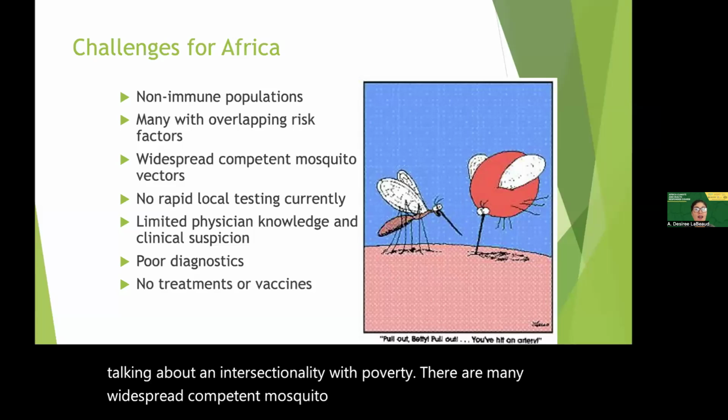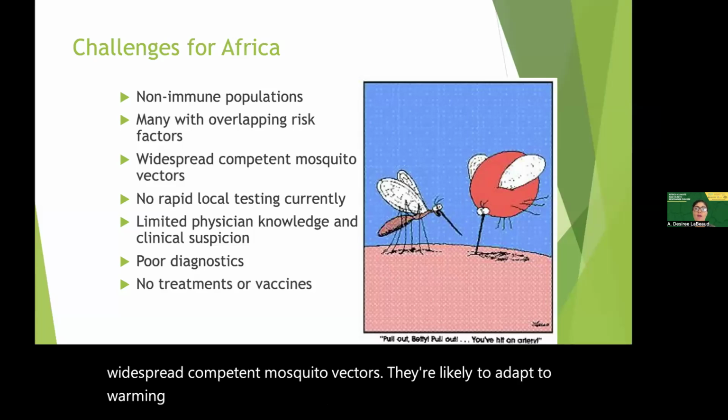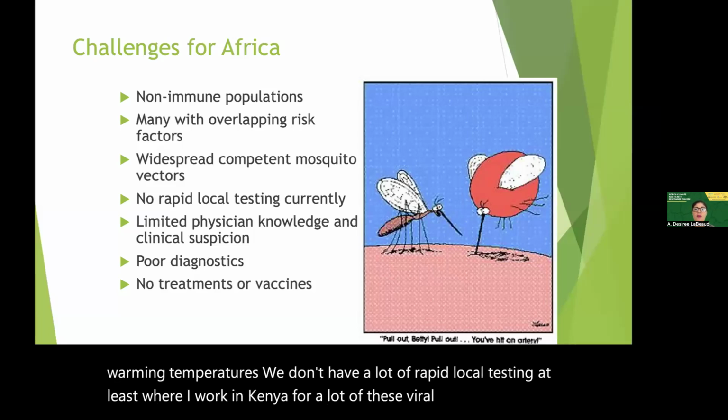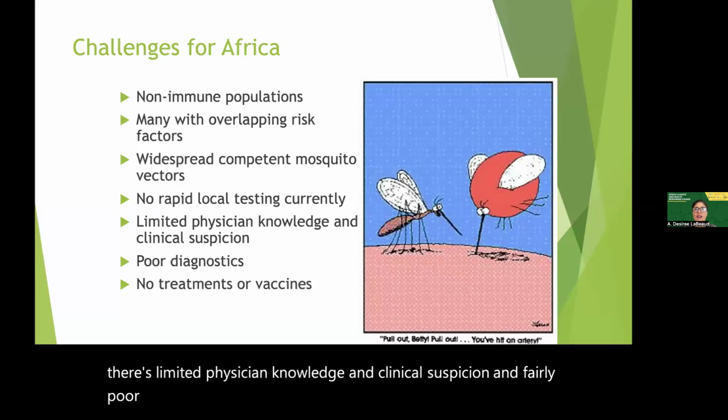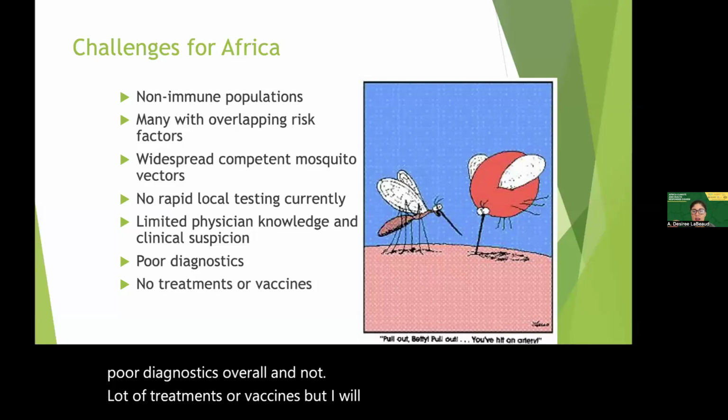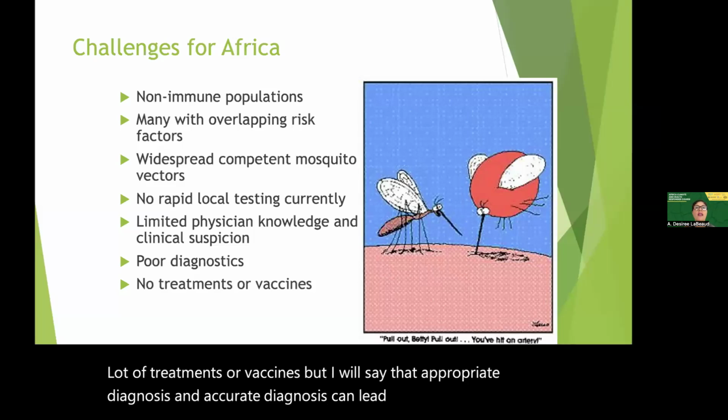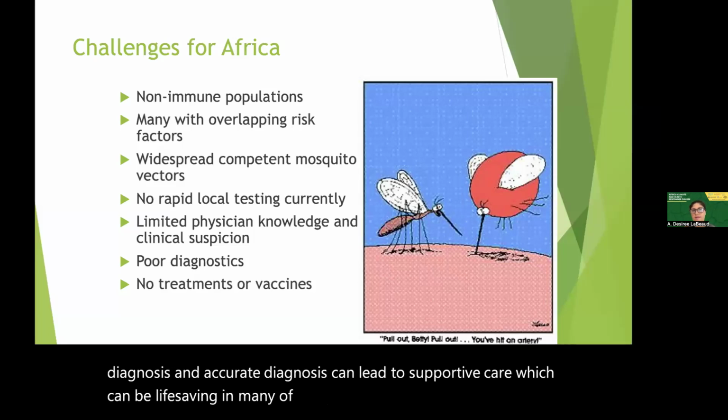They're likely to adapt to warming temperatures. We don't have a lot of rapid local testing, at least where I work in Kenya, for a lot of these viral infections. And there's limited physician knowledge and clinical suspicion and fairly poor diagnostics overall, and not a lot of treatments or vaccines. But I will say that appropriate diagnosis and accurate diagnosis can lead to supportive care, which can be life-saving in many of these infections.